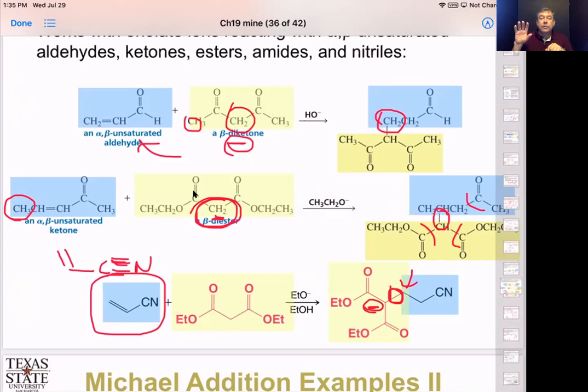Aldol gives you aldehyde or ketone hydroxy compounds until you heat them, and then they become unsaturated, conjugated carbonyl compounds. Once you have that unsaturated carbonyl compound, you can do addition reactions on them. Poor nucleophiles will give you conjugate addition products. Strong nucleophiles will give you addition across the carbonyl. And then extending that to the Michael addition.